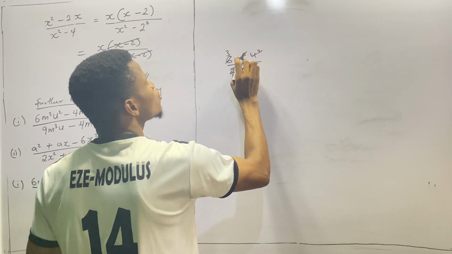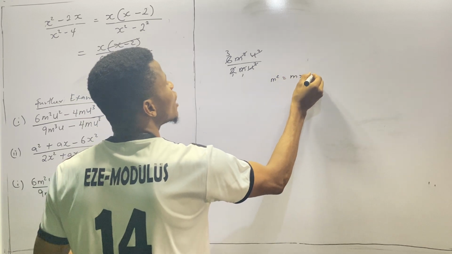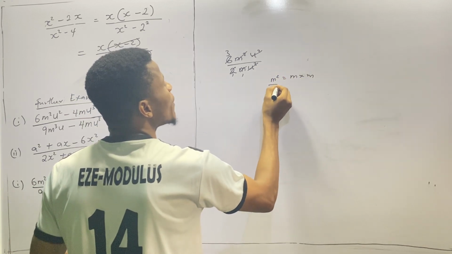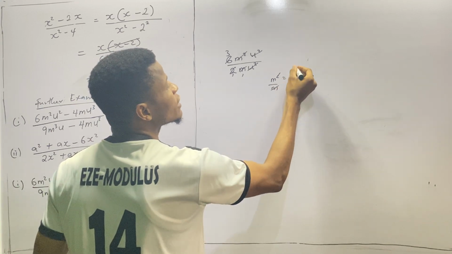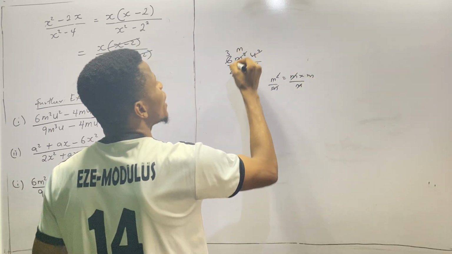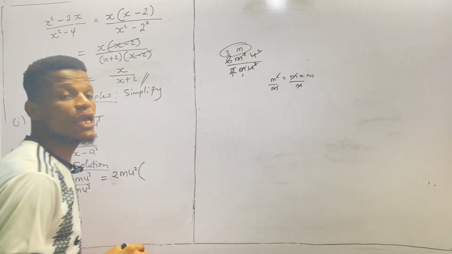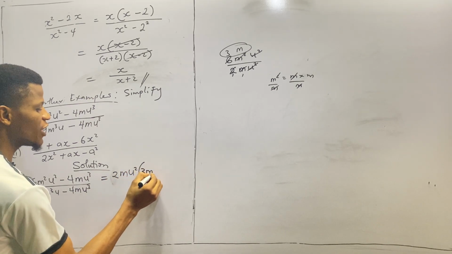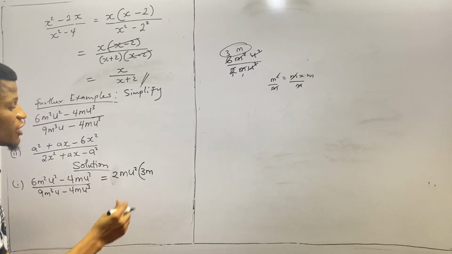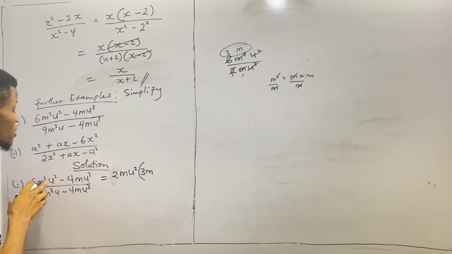If I divide by 1m, it will cancel one of the m, because m square is m times m. So remaining 1m. So at the end of the day, we have 3m left. Now to confirm that you're on the right track, if you multiply 2mu square by 3m, we will get the same 6m square u square.